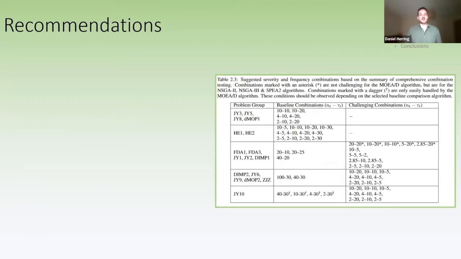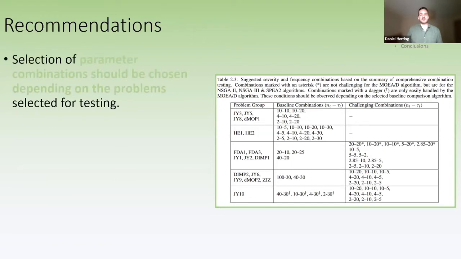We can make a number of general recommendations and more specific ones based on the specific problems. These recommended combinations are shown in the table. The frequency and severity parameters should be selected intelligently and with justification based on the benchmarks being examined.